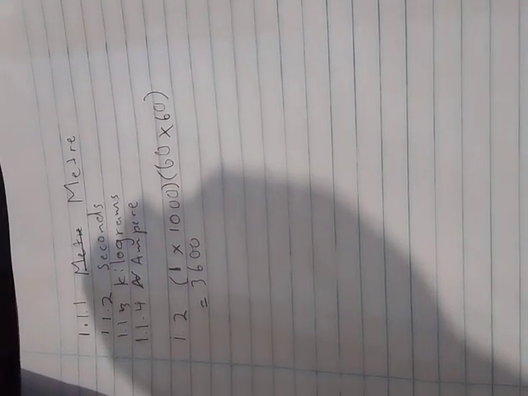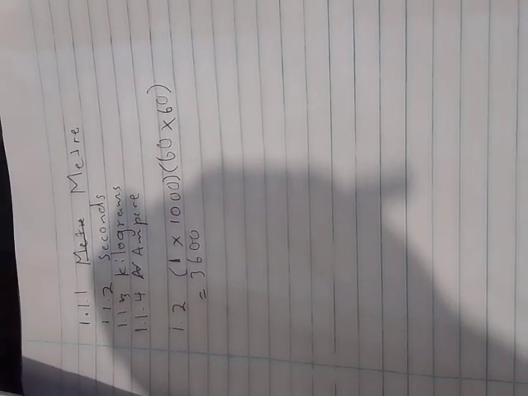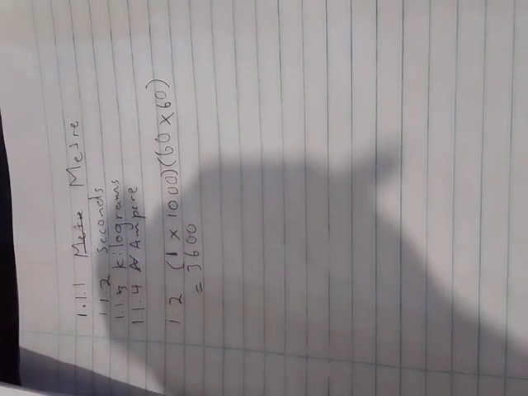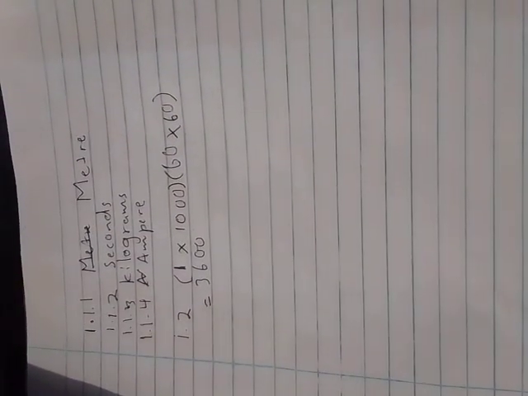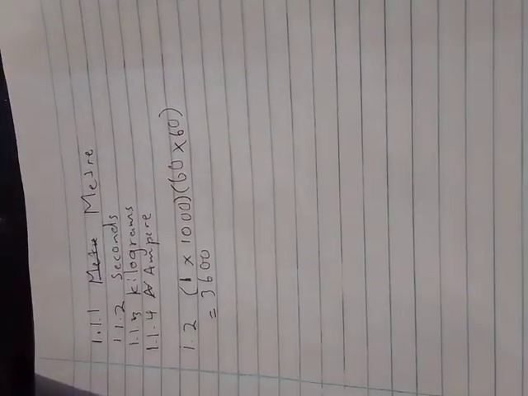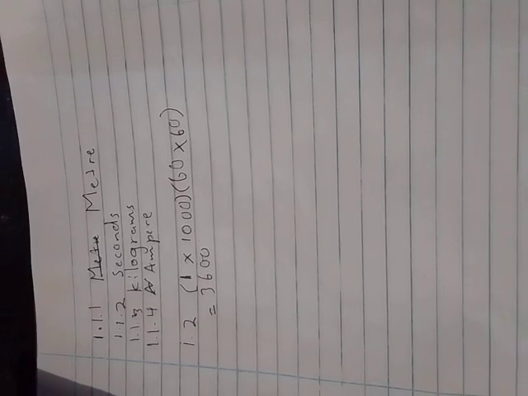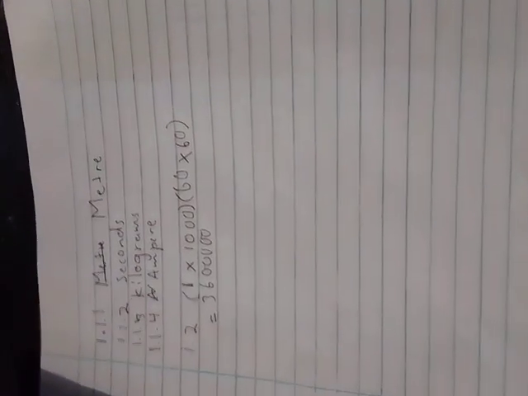Okay, so it's 3,600, right? It's 3,000,000 and 600,000. So it's 5 zeros after there. So we have 5 zeros there: 0, 1, 2, 3, 0, 0, right? Then this is the answer for this, right?